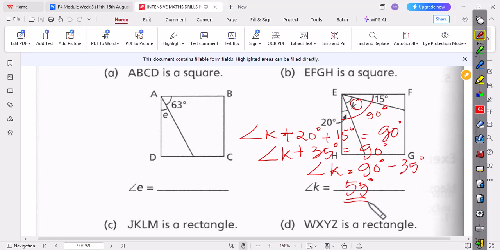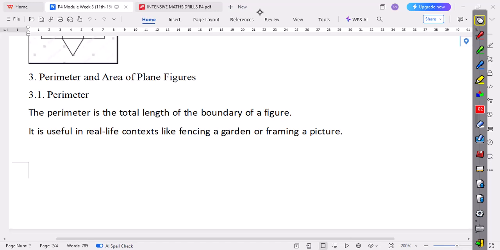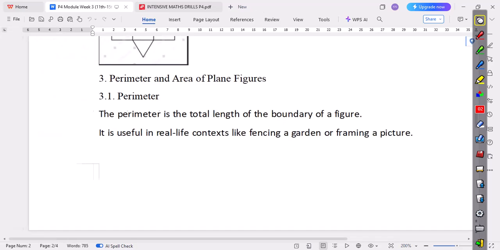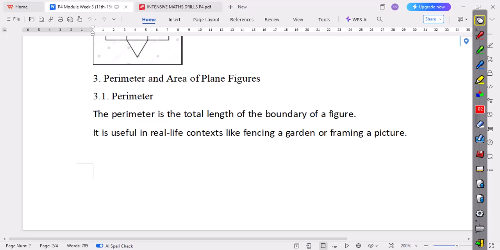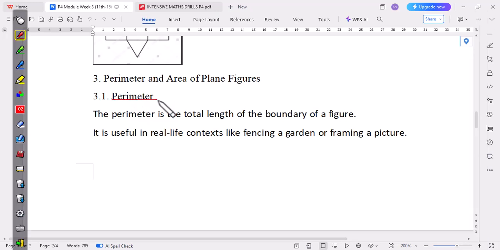Okay. Now we will learn about the new topic. It's about perimeter and area of plane figures. So we will learn about perimeter first. Perimeter is the total length of the boundary of a figure.